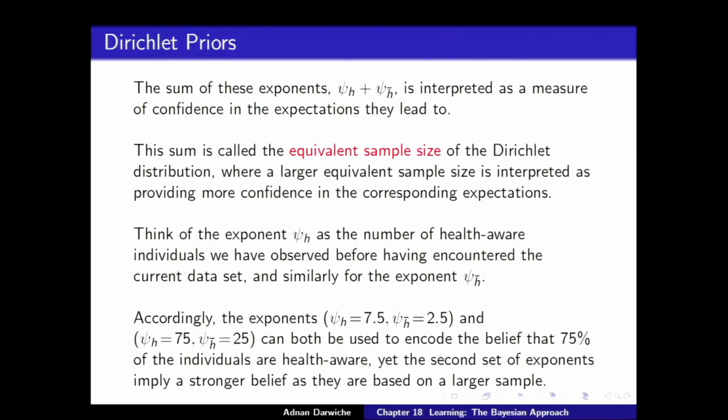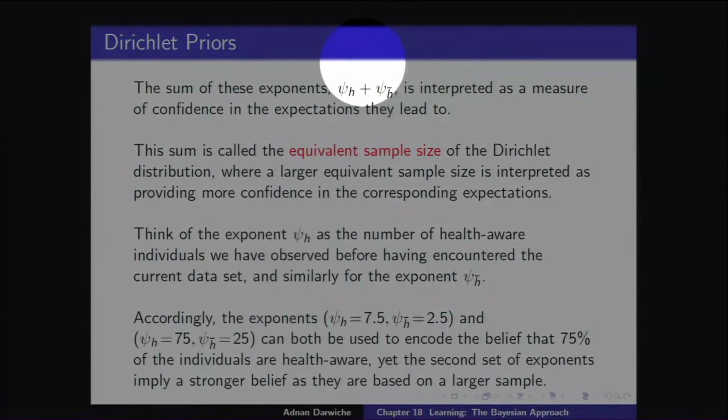If you add up these exponents, as we did here, then you can interpret that number as a measure of confidence in the expectations that they lead to. In fact, this sum is called the equivalent sample size of the Dirichlet distribution, where a larger equivalent sample size is interpreted as providing more confidence in the corresponding expectations.